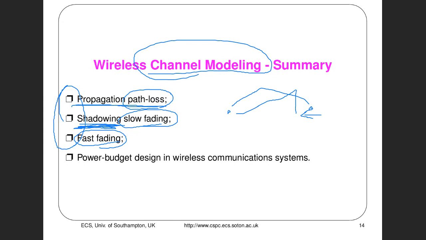And some of the objects that reflect your signal would probably be a moving car. Then the signal characteristic would change faster. So that would cause power fluctuation, dynamic power fluctuation at a receiver. So this is also called fast fading or small scale fading.